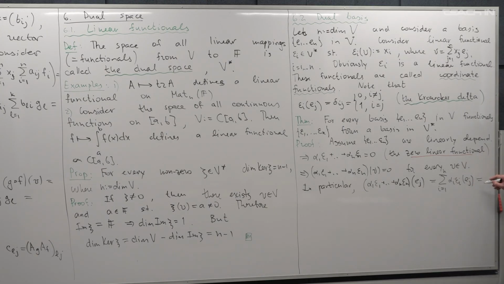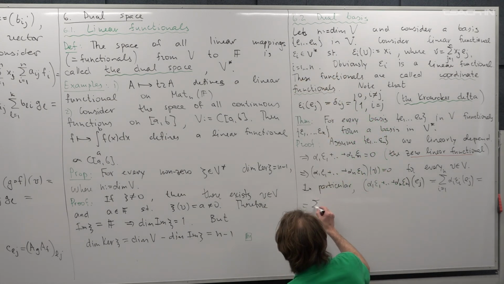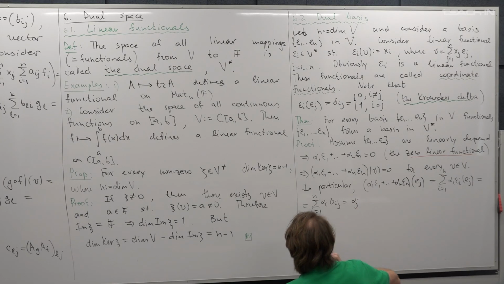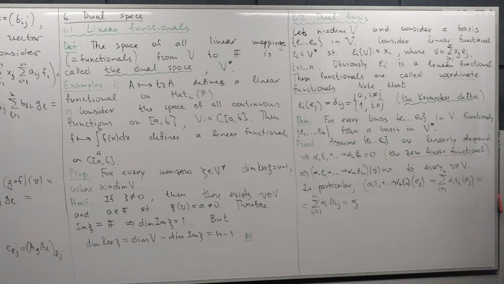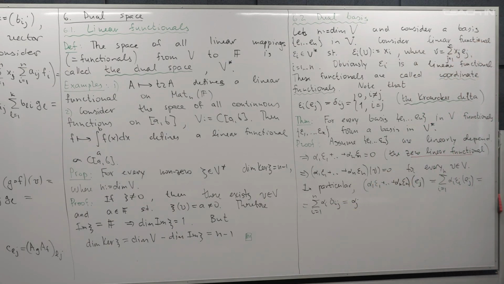And here I use this Kronecker notation. So we get the sum where I ranges from 1 to n, alpha sub I by delta sub ij. And so we get alpha sub j, just because the only non-zero term in this sum is the term where I equals j.